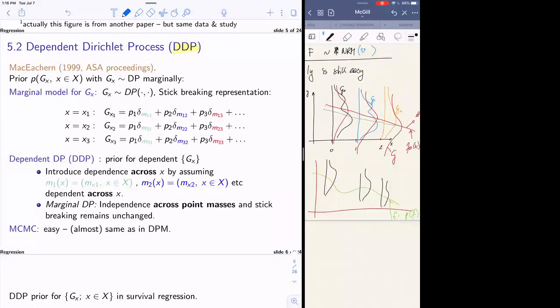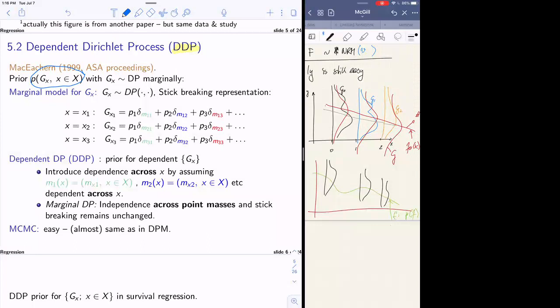So here's the idea. What you should expect now is a construction. We need a prior probability model for a family of random distributions. Now it's again G. Sorry to switch around the notation, doesn't matter, of course. So we need a prior probability model for a family of G sub x.